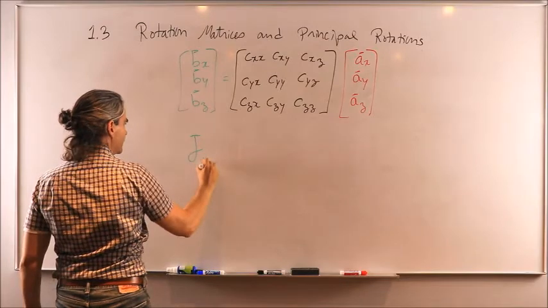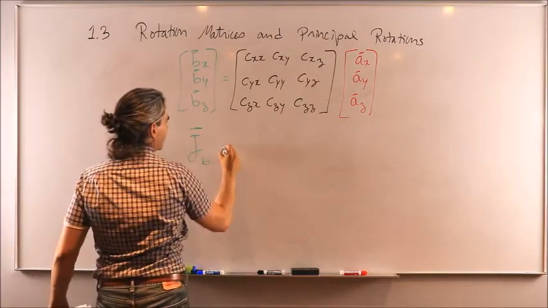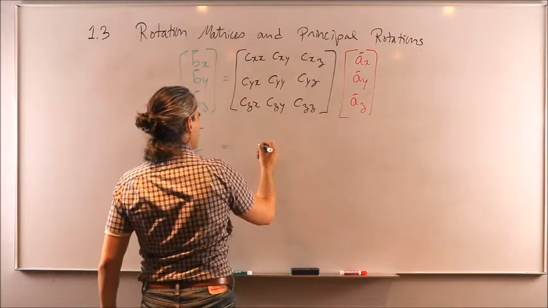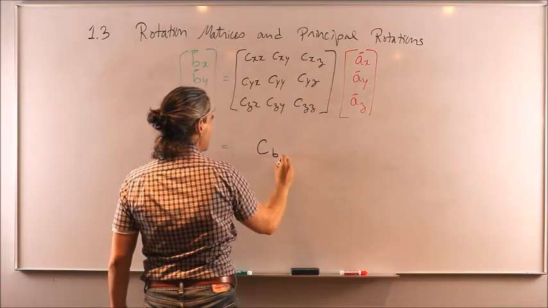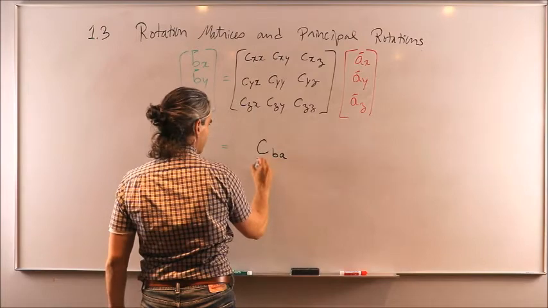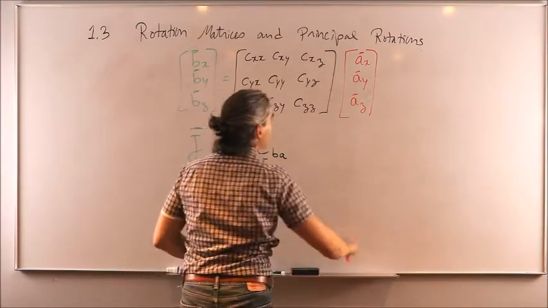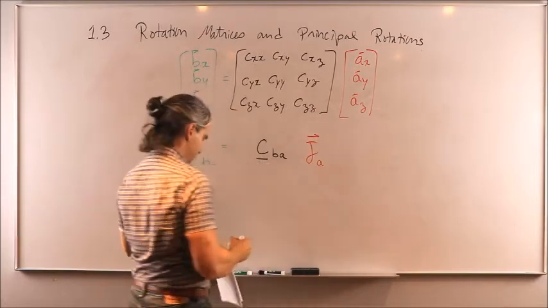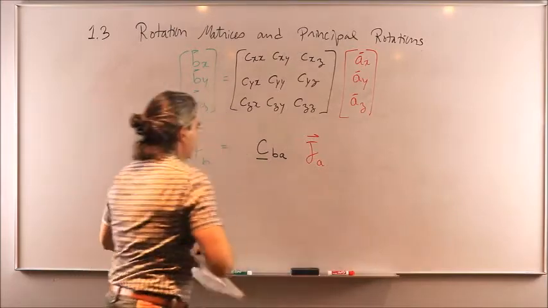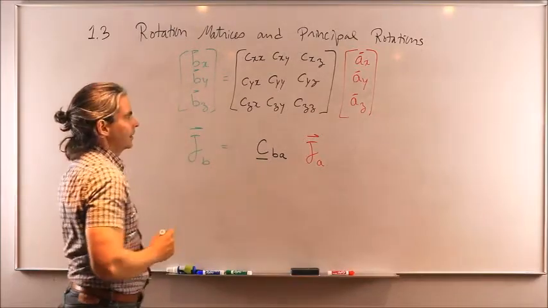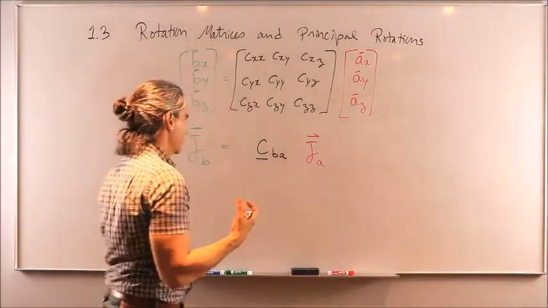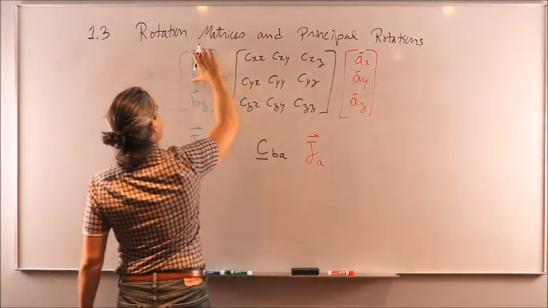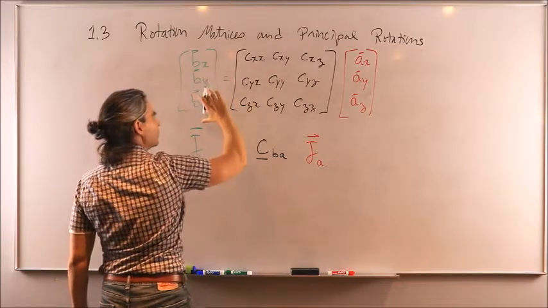So that is vectrix B, equal to a 3x3 matrix, which I'm going to denote as CBA, and you'll understand why in a second, times vectrix A. So this 3x3 matrix here plays a fundamental role, because it contains the scalar components that define the orientation of those unit vectors with respect to those ones.